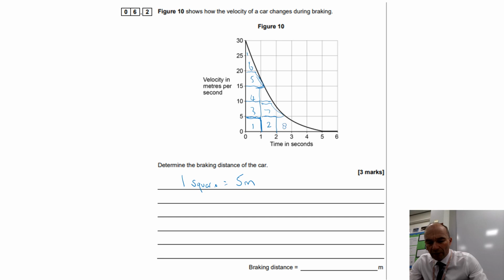You've probably got that and that make 8, and those 2 bits make 9, and we have 9 squares underneath the line. And then it's a case of distance travelled, distance equals 5 times 9, and that gives us a braking distance of 45 meters. Really, this question is just the key bit is remembering that the area under a speed time graph tells you the distance.